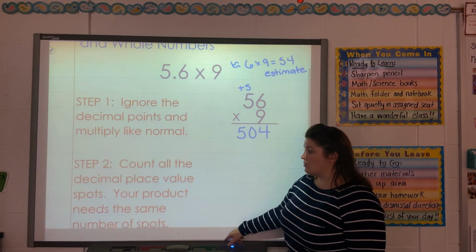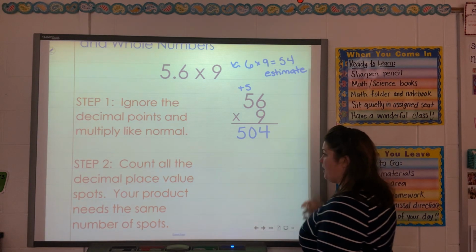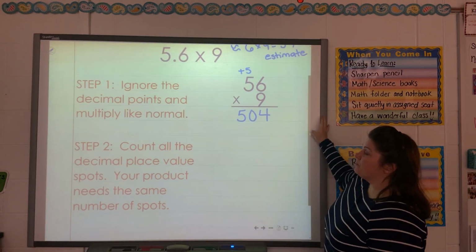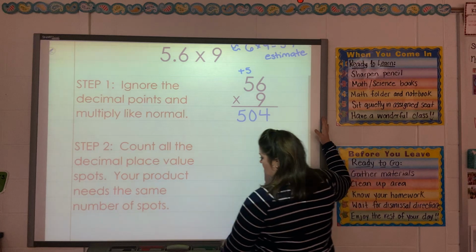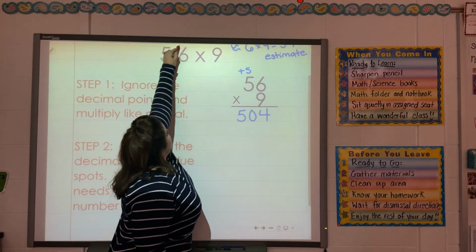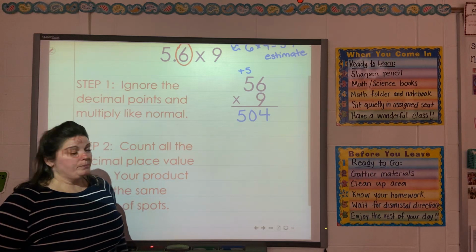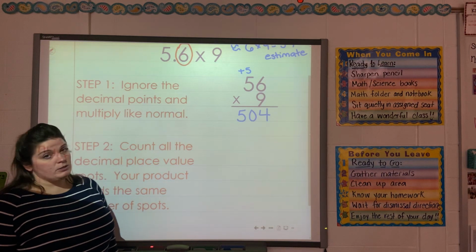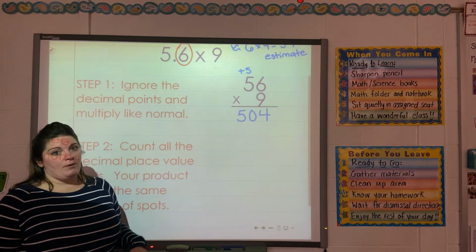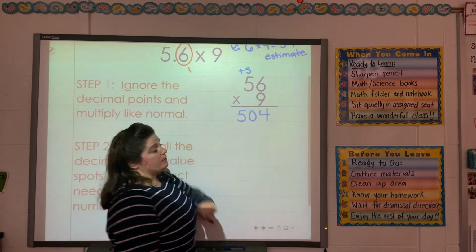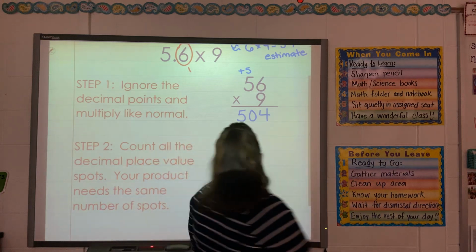So we count all of the decimal spots that were in our problem. In my problem, I had one number in my decimal place value. So in my answer, I need that same amount of decimal place values. Since there was only one, we could only have one in our answer.